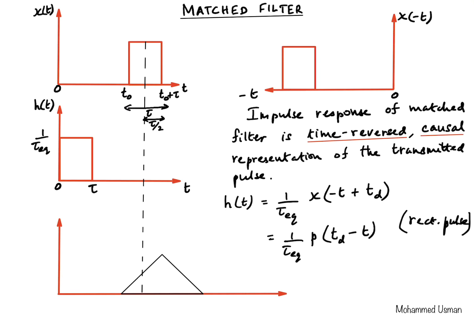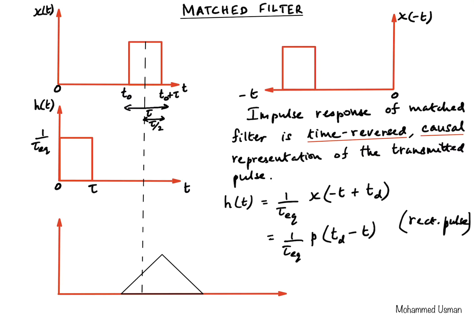So x of t can be any pulse shape, but we are focusing on the rectangular pulse. Now the output of the matched filter is going to be the convolution between the input and the impulse response. That's the impulse response of the matched filter, and that's the input to the matched filter. The input is the pulse that is transmitted, which is what is being received. And again, we are assuming that there is no noise for the analysis.